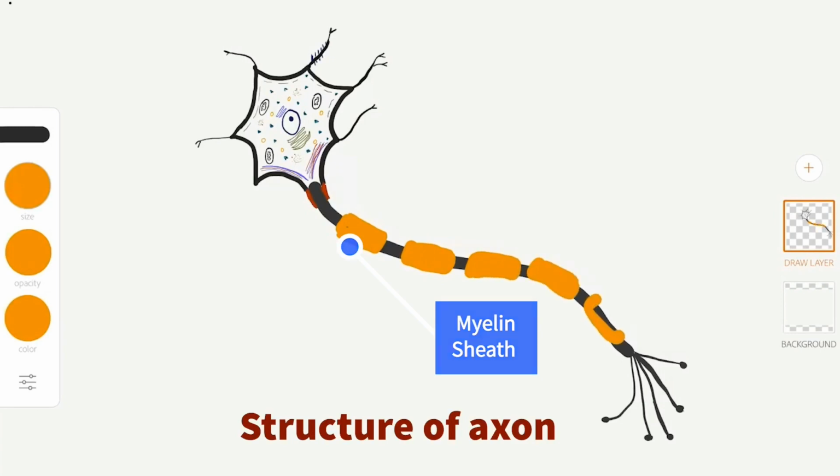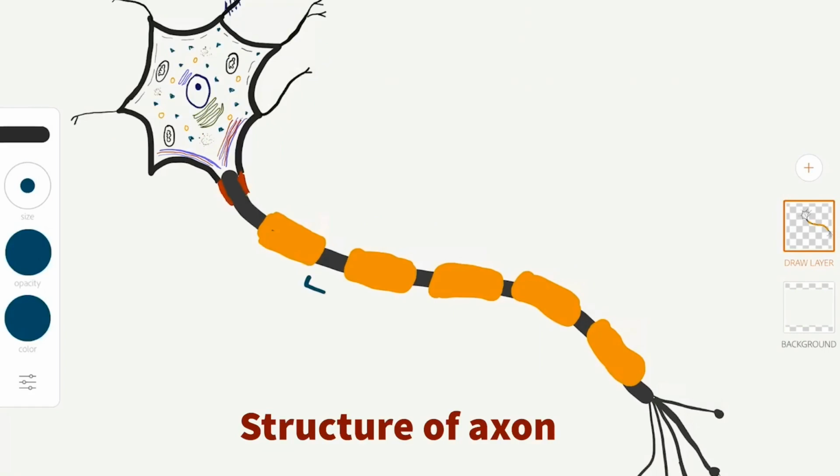Remember, myelin sheath is absent where we have the axon hillock and the initial segment. The area between the two myelinated segments is referred to as the node of Ranvier. Nodes of Ranvier are specialized regions where myelin is absent and hence action potentials are generated. This is also the place where the axons can branch.